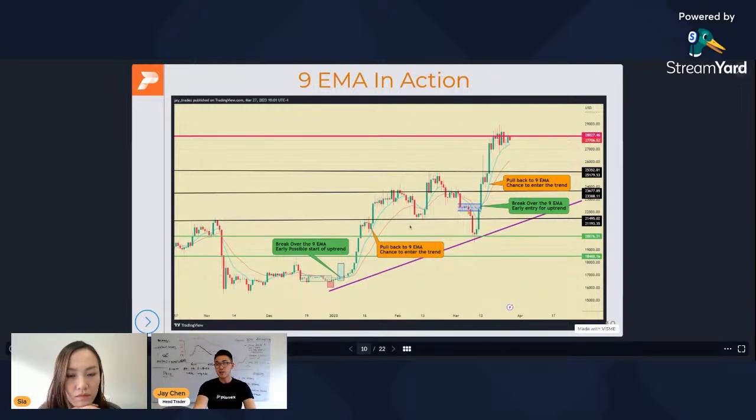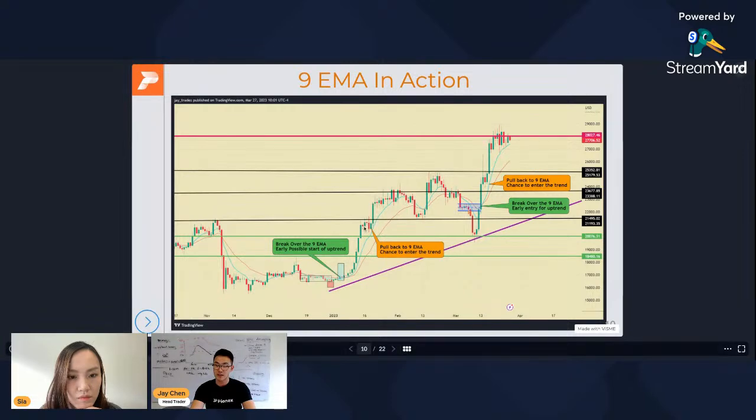So the blue line on this chart is the 9-day moving average. The red line is a 21. So as you can see, when we're on an uptrend, bullish trend, pullbacks to the 9, if it's a very strong bull trend, then pullbacks to the 9-day exponential moving average is a good chance for you to buy, to get in on this trend, for you to dip buy, right?